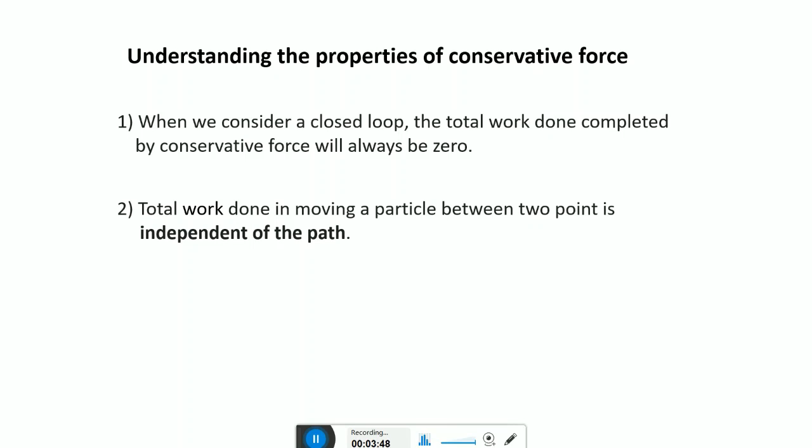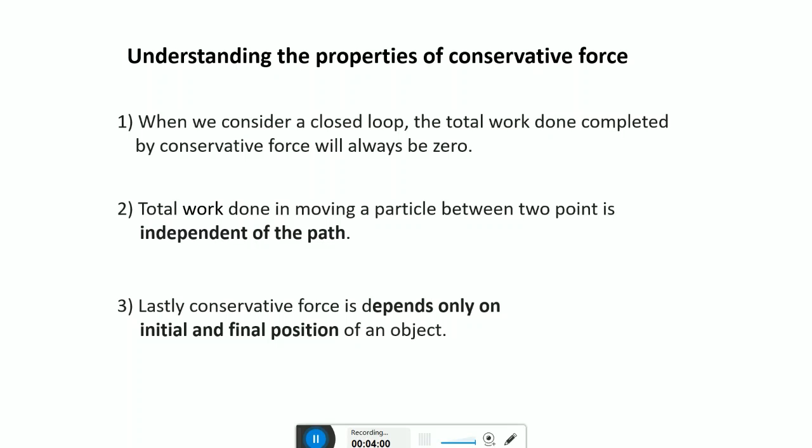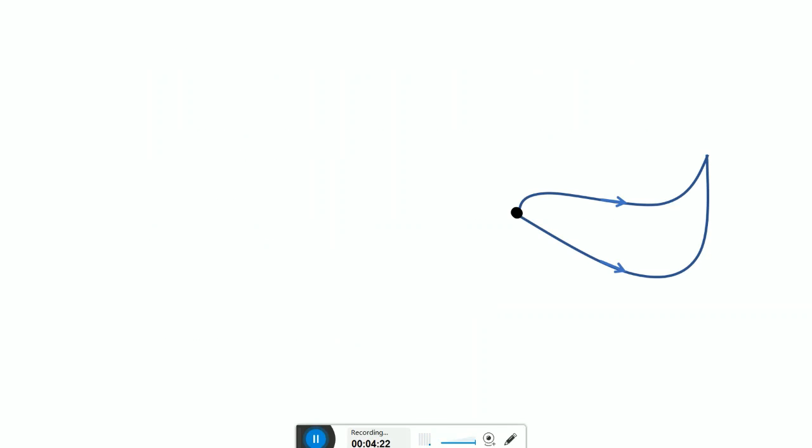Second property is, the total work done in moving a particle between 2 points is independent of the path. Conservative force depends only on the initial and final position of an object. The work done by a conservative force is reversible or recoverable. So these are the properties of conservative force.